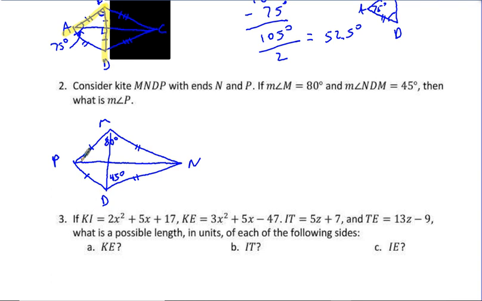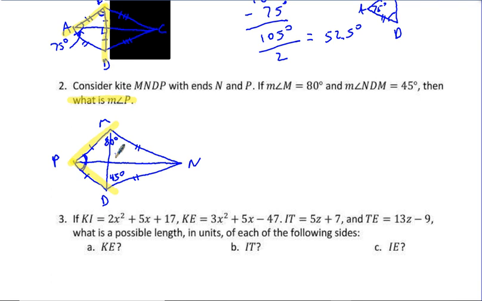Then what is the measure of angle P? So we're looking for this entire angle here. Again, maybe let's highlight that. That's what we're looking for at the end of this question. And I might as well also highlight the question that matches, so we know exactly from the words on our page what, on our picture, we're trying to solve.